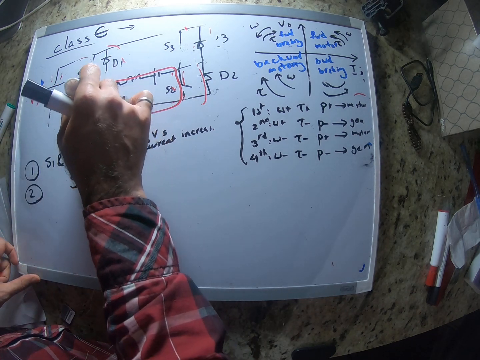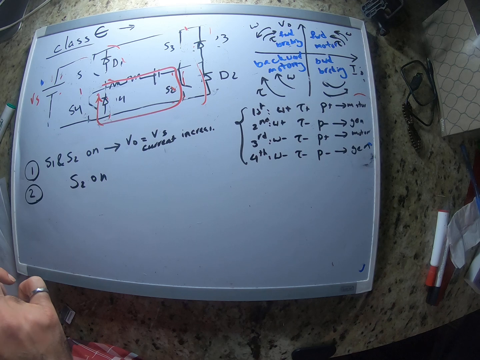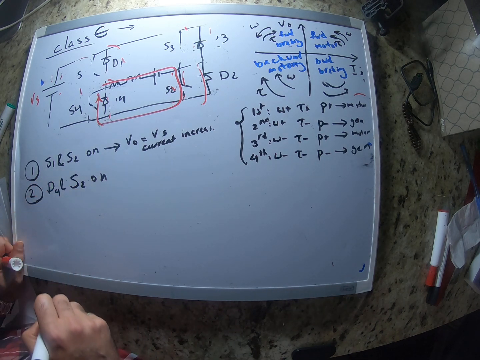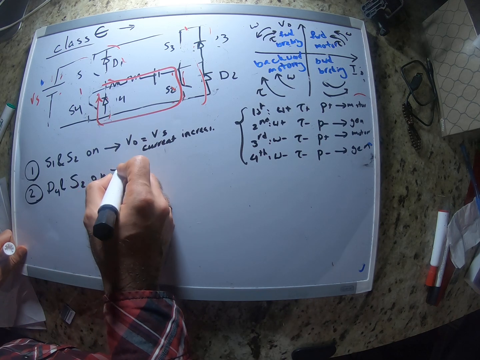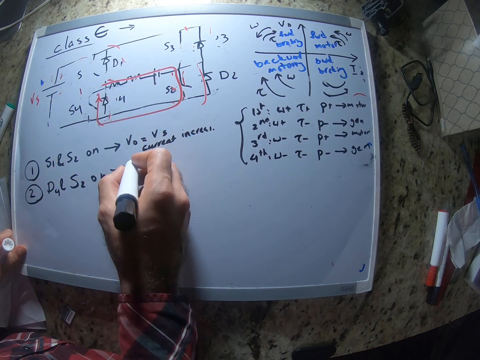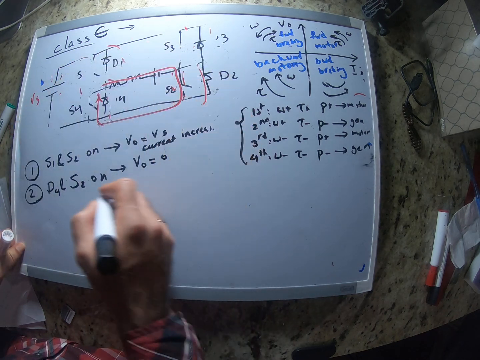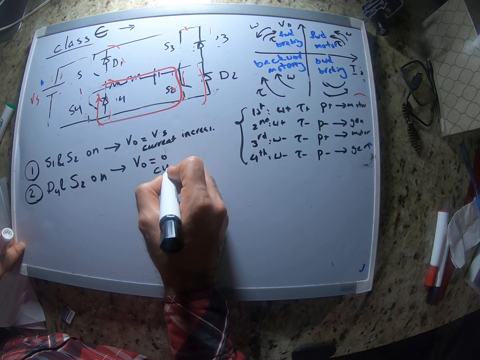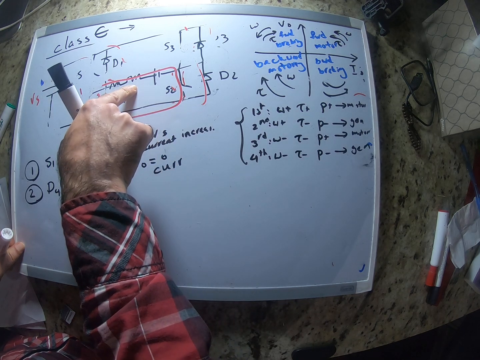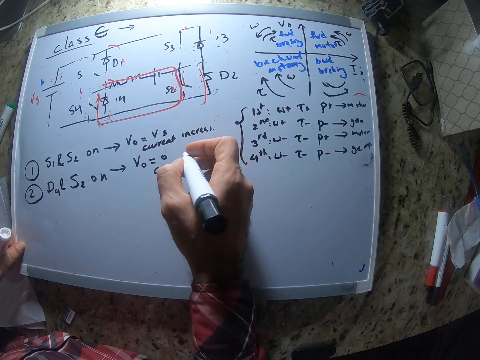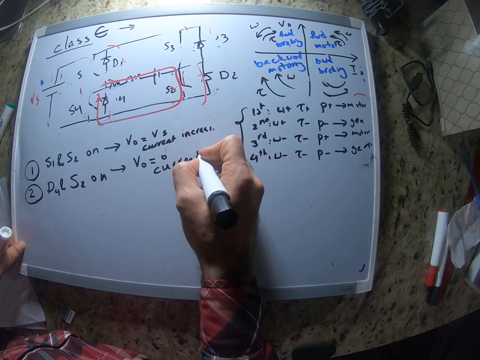It's going to close the loop through D4. So D4 and S2 are going to conduct. What's the voltage across the load? It's going to be 0. What happens to the current? It's going to decrease. The energy stored in this inductor is going to release itself.